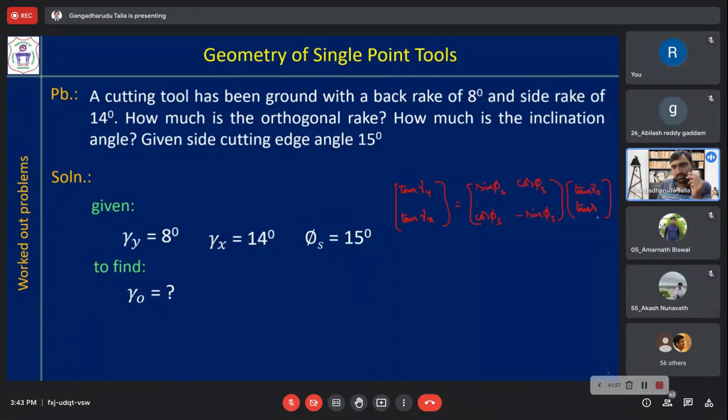So this is the relation. Now find out the gamma O value. You can find it either way. Using this relation, find out gamma O.